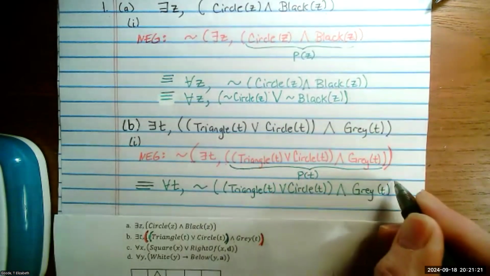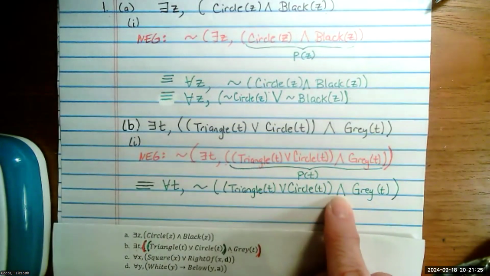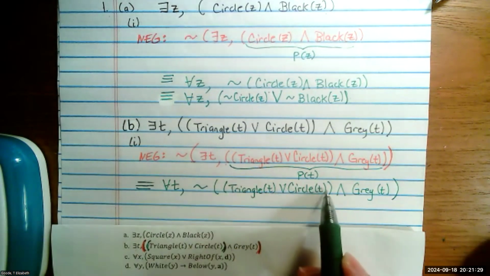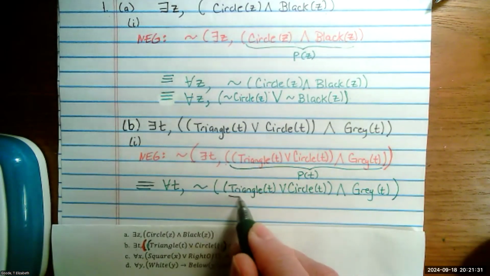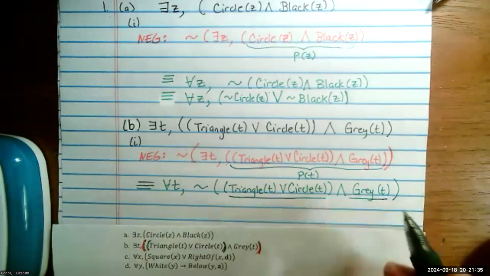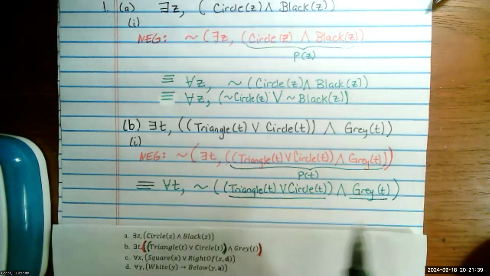Now, we have an and and we have an or. But the and is the last operator that would be executed. This or would happen first. So it's this and this, okay? The first thing we do is bring the not through the and statement.